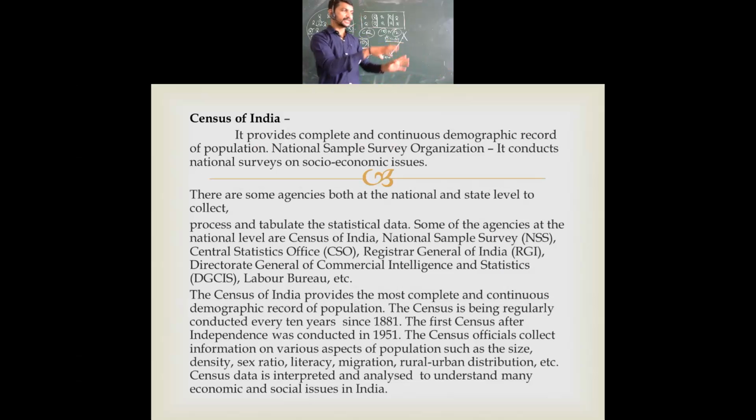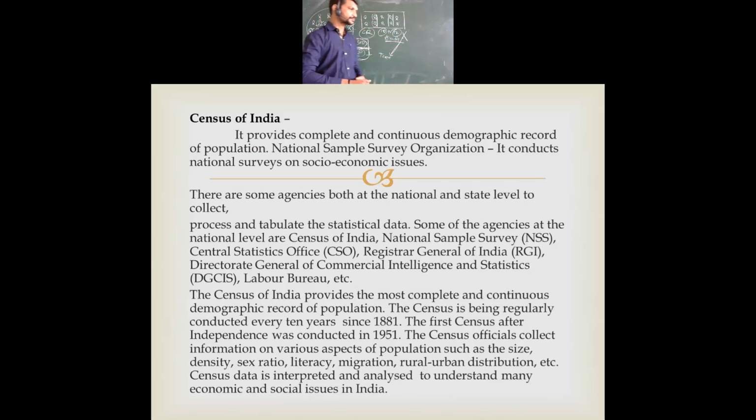These are the central agencies which provide you the information. Okay. Then Directorate General of Commercial Intelligence and Statistics. Then Labor Bureau. Now in this Labor Bureau, most probably you will get the information on how many laborers are working, unemployed, employed, these things we will be getting over here.